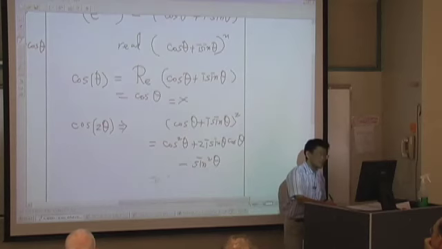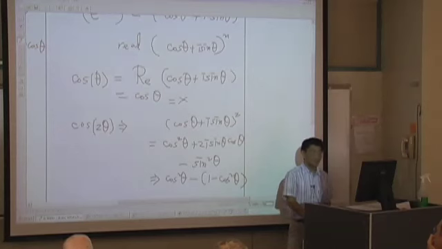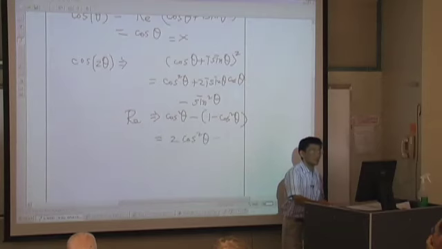Sine squared theta is what? 1 minus cosine squared theta. So sine squared theta can always be converted to 1 minus cosine squared theta. Then the real part is just this thing. Then it is 2 cosine squared theta minus 1.